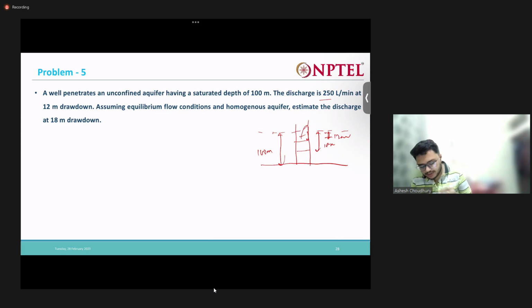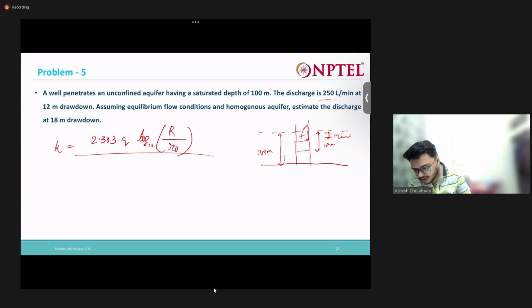Okay, so we already saw there is a relation. K is given by 2.303 q log r by r naught by pi h square minus h naught square.